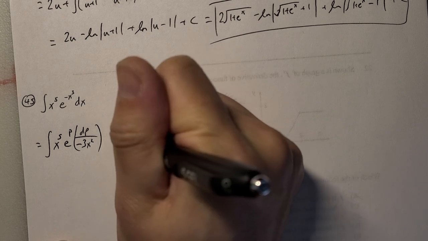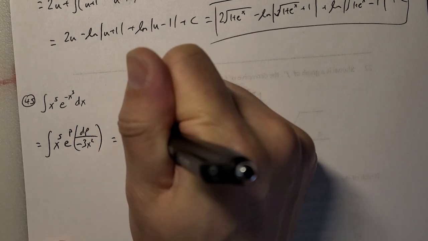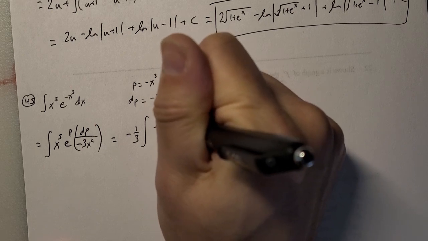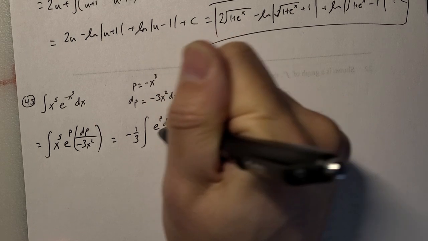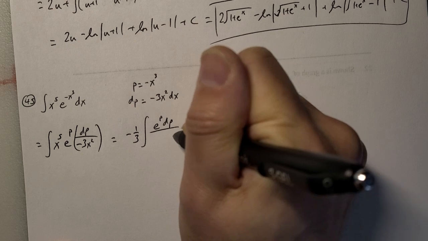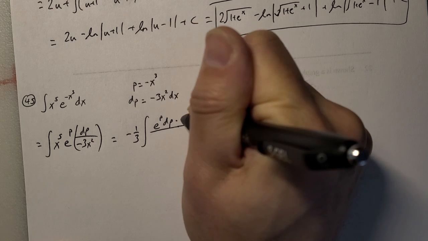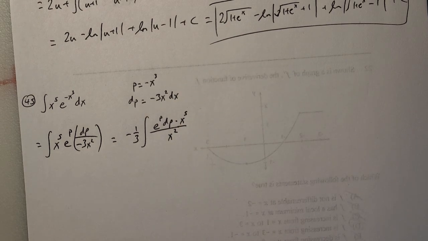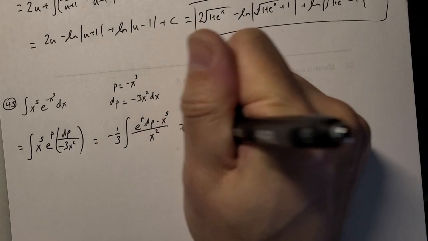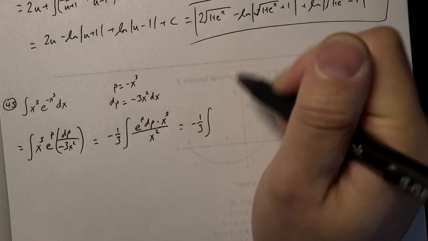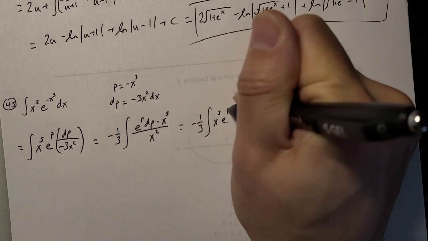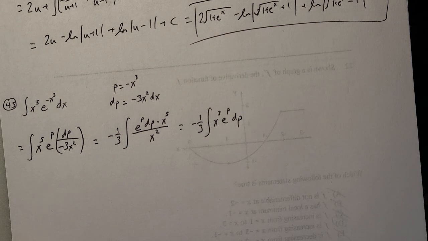Okay, so let's pull out the minus 1/3 as a constant. So we have e to the p dp times x to the fifth still on top, and then x squared on the bottom. So this is minus 1/3 integral, we can simplify. So it'll be x cubed e to the p dp.